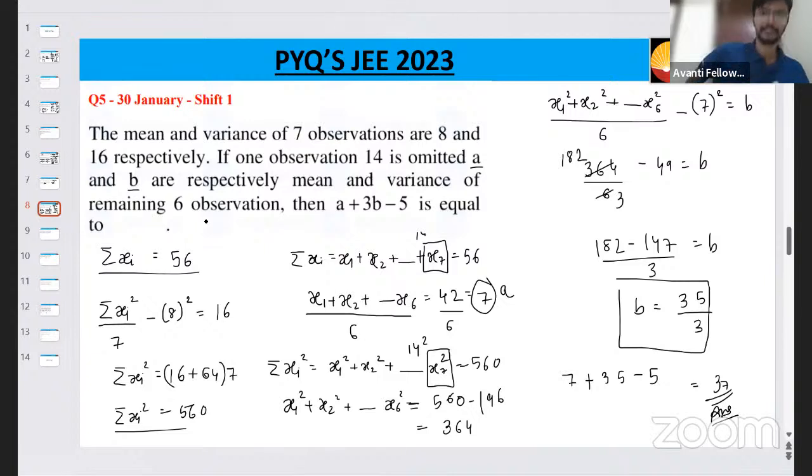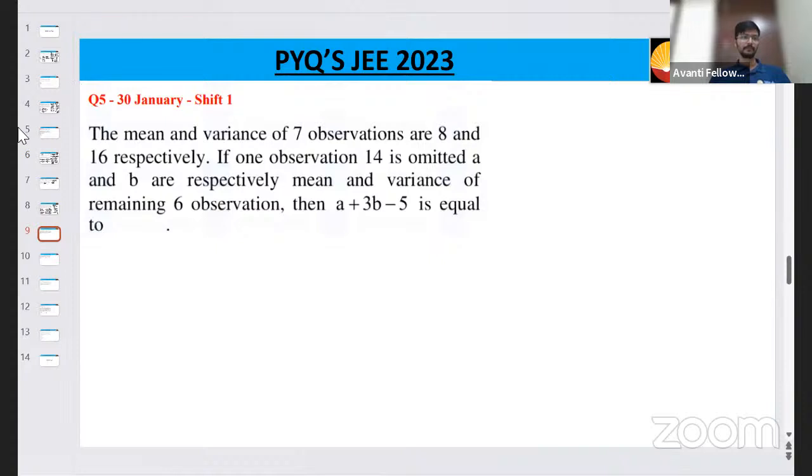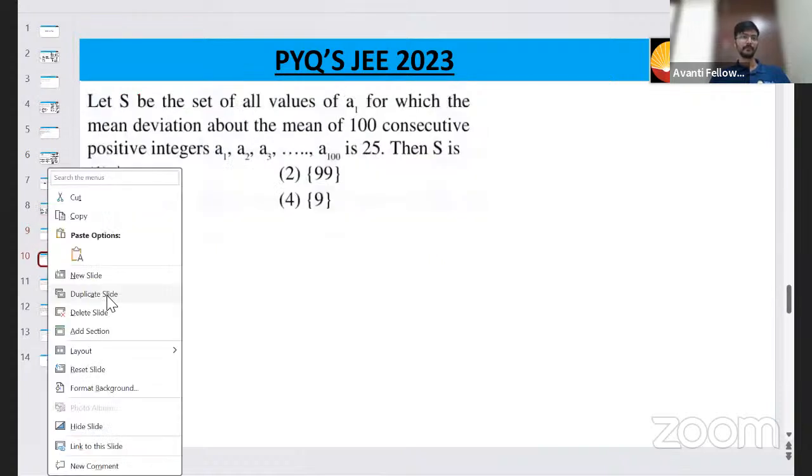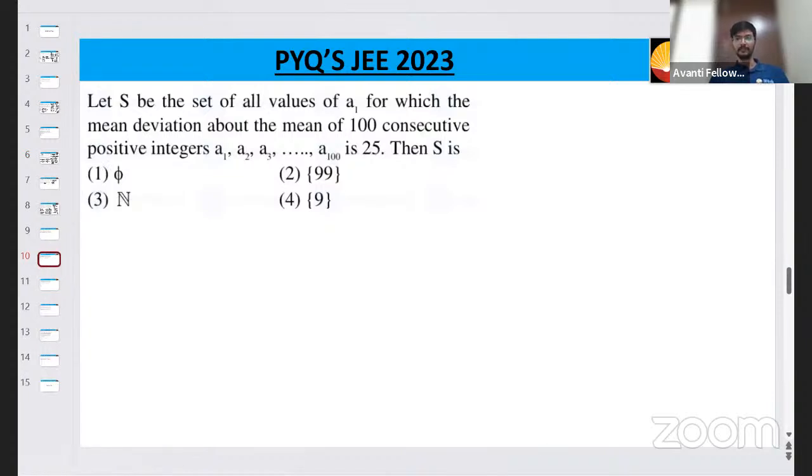Correct? It's again an integer type question. So let's move on to the next. Please read the question, guys. Let S be the set of all values of a1 for which the mean deviation about the mean of 100 consecutive positive integers is 25.